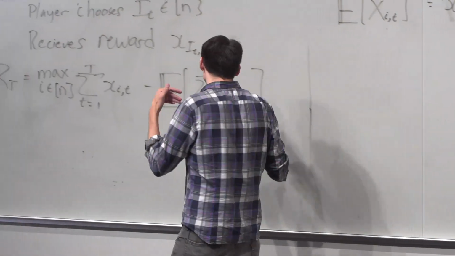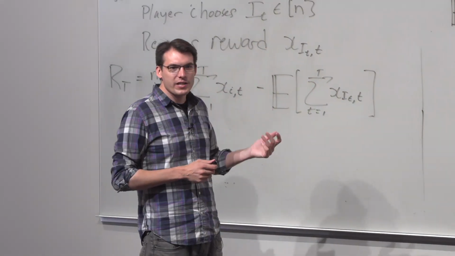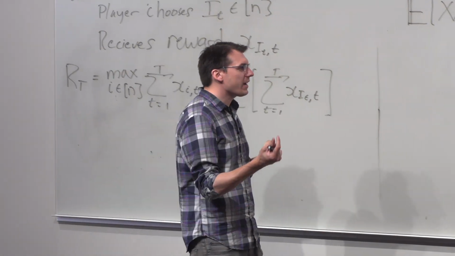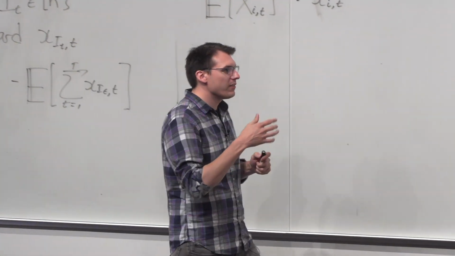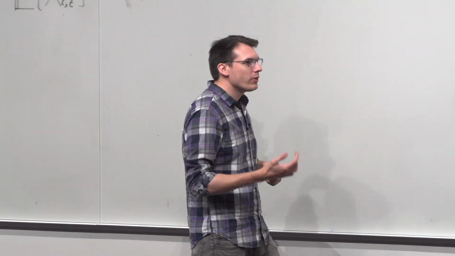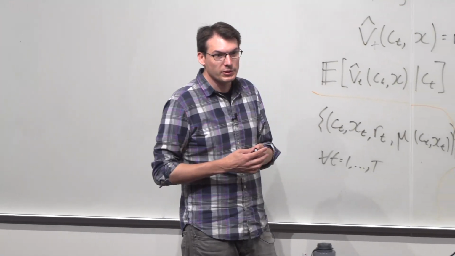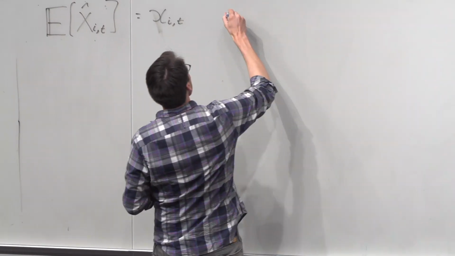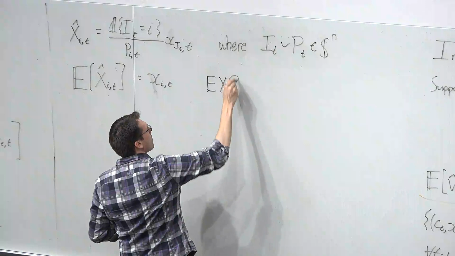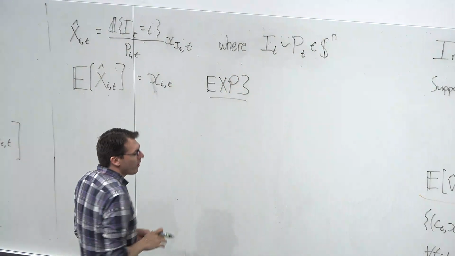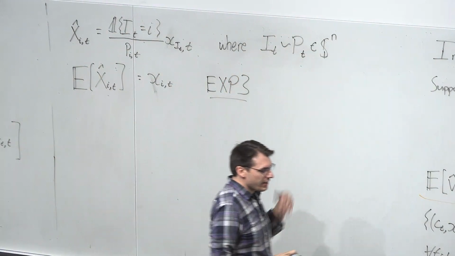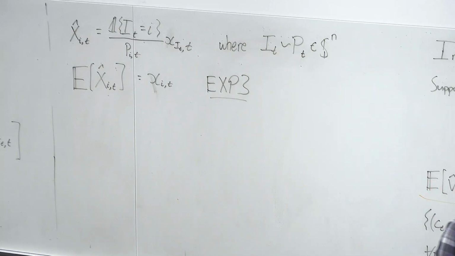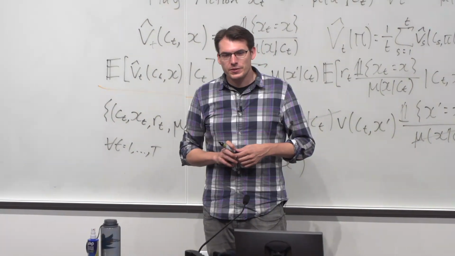This seems magical, but again, it comes with a price: high variance. And so what we need is an algorithm that can balance the high variance with also trying to accumulate as much reward as possible. And this algorithm is known as EXP3. EXP3 stands for exponential weights for exploration and exploitation.